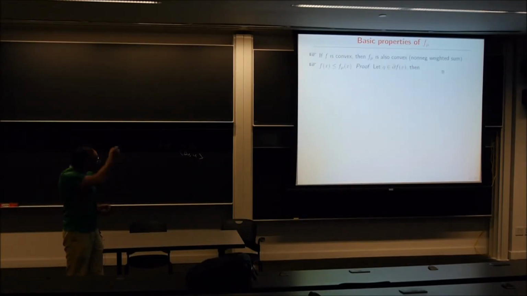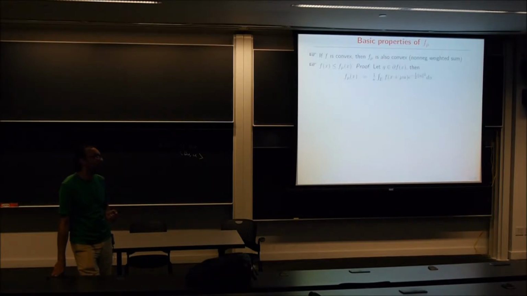Suppose G is any subgradient, then just plug in what is f mu of x, that's our smooth function. And what should you do now to prove that lower bound? This is a hint, right? If f is convex, then you just use the definition of subgradient to write that lower bound.